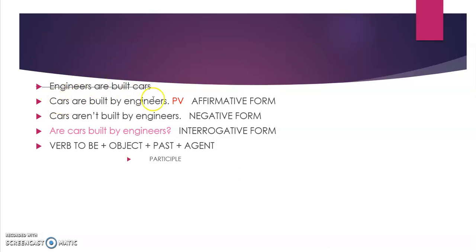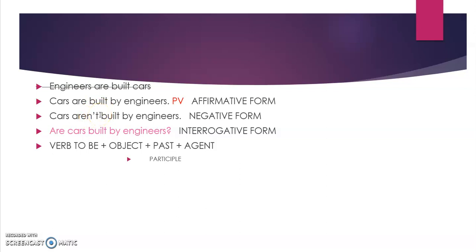So the correct way to write a sentence in passive voice, remember, it's necessary that you take notes, okay? Cars, the verb to be are, then the past participle built, by engineers. This is the agent, okay? What happens in negative form? This is very easy. You only add the negation, not.